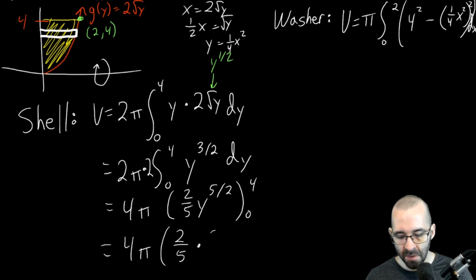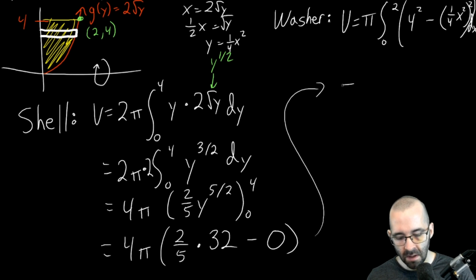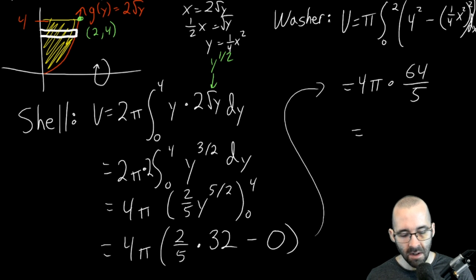Square root of 4 is 2. 2 to the 5th power is 32. Plug in 0, you get 0. So we get 4 pi times, this becomes 64 over 5. Hopefully. And when you multiply this all out, 256 pi over 5 units cubed.